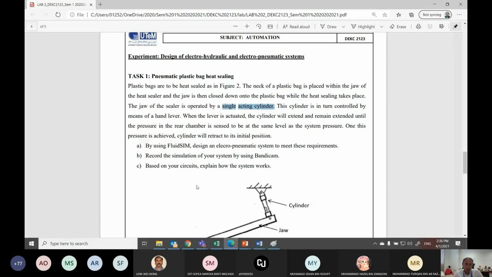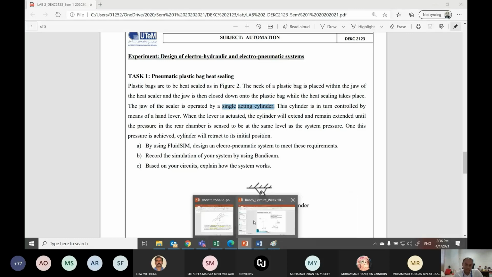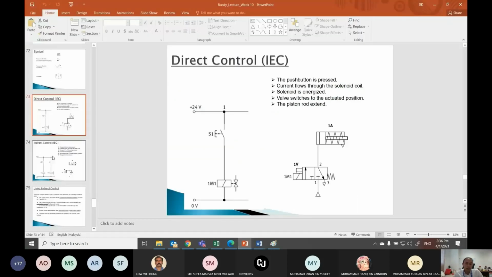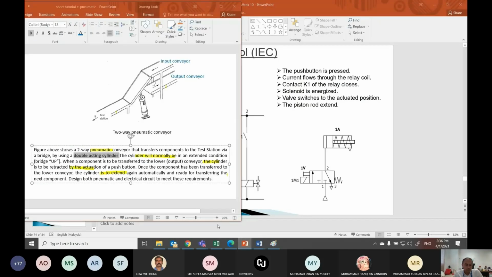But I will still accept. I can still accept if you give me the answer by using direct control, unless the question says that you have to use indirect control. For example, like this: design both magnetic and electric control to meet this requirement, by applying indirect control.